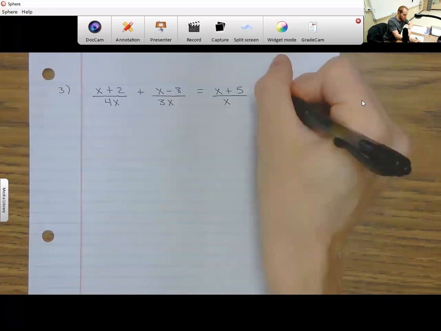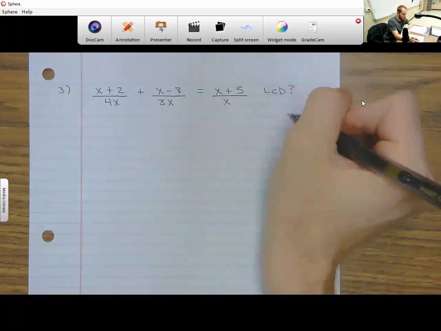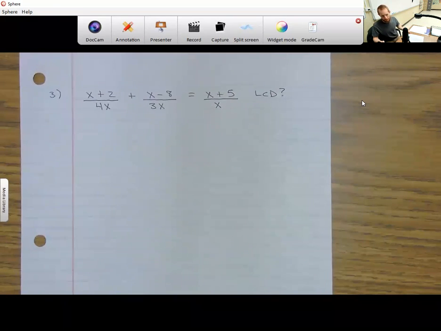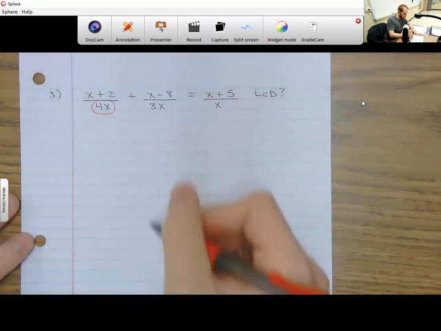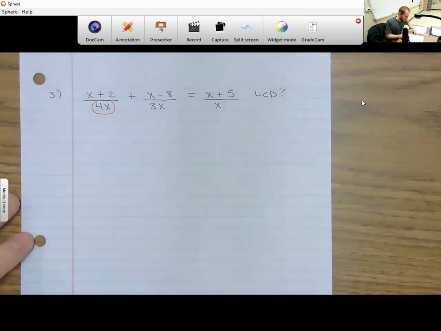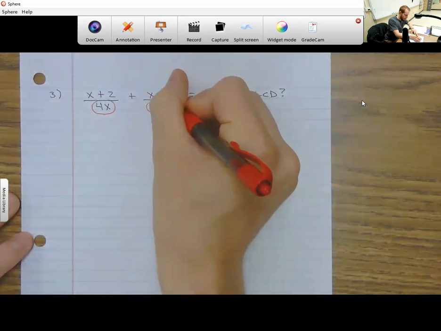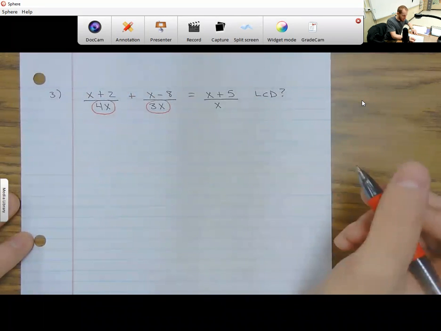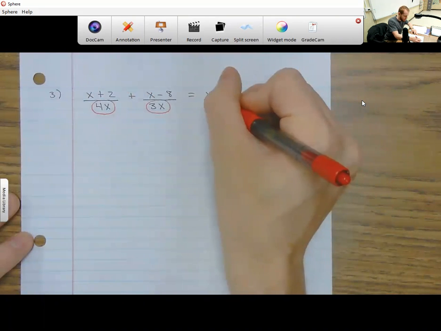So what would be the lowest common denominator? That's a good question. Well, looking at the denominators that we have right now, the first one I see is 4x, but then I see 3x. And then the last denominator is just an x, or I guess you could say 1x.